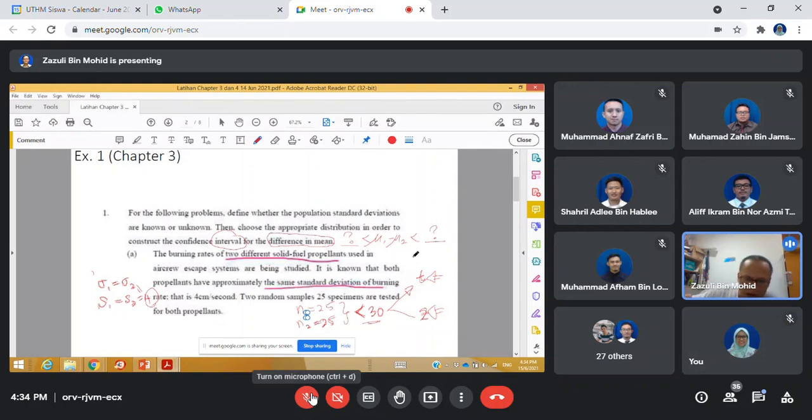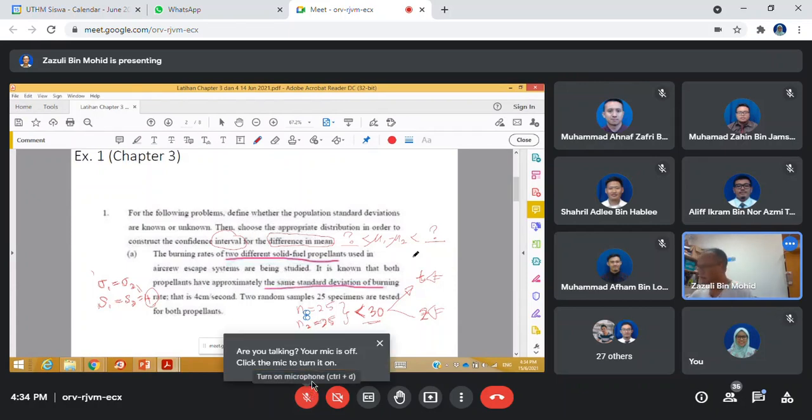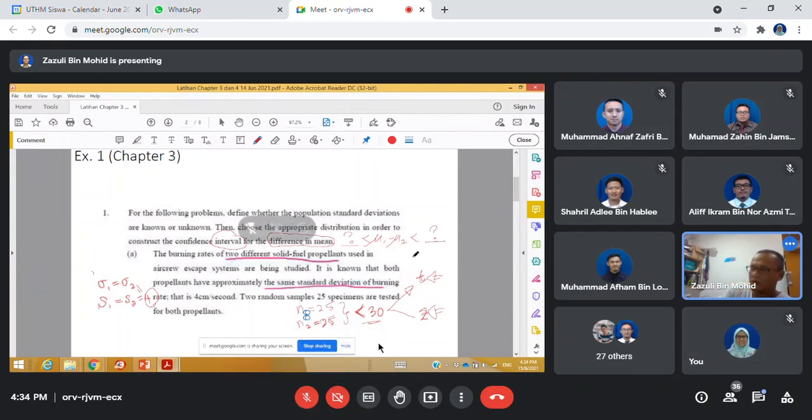Which clause saying that? Dengar soalan saya. Dengar tak?